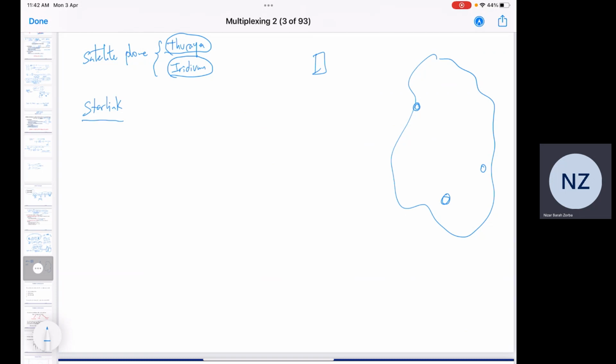Let me repeat the question. You are a customer of Ooredoo. Can you make a phone call over Vodafone? Can your phone connect to the network of Vodafone and make a call even if you are not a customer? When you travel, whenever you travel, you connect to whatever network they have in that country.